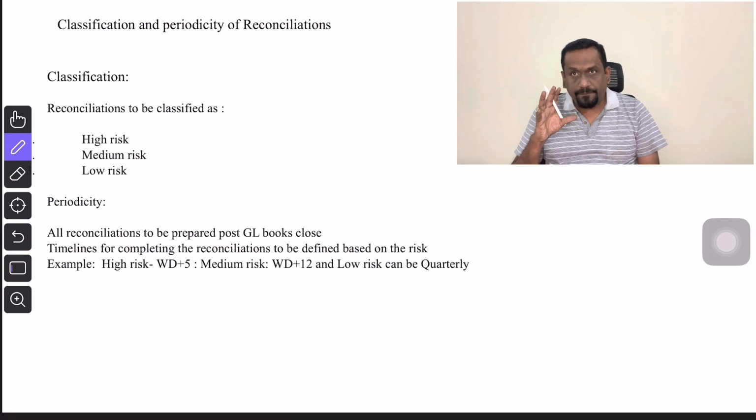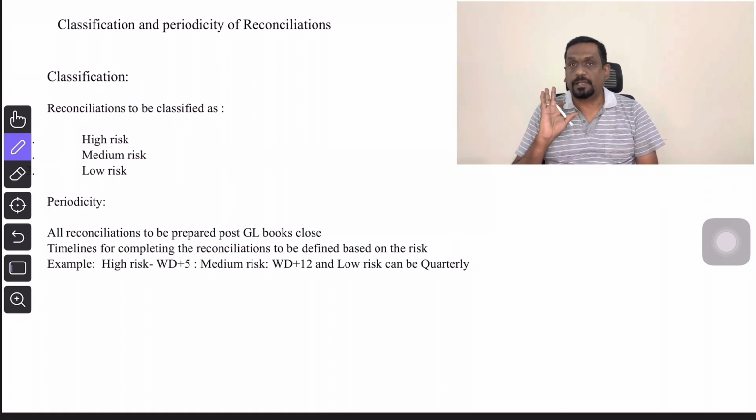The definition of high, medium and low risk mainly depends on the dollar value and the number of transactions being posted into that respective GL account. For example, cash and bank. A huge number of transactions will be posted in cash and bank. Do you agree? And the value of the transactions is also high, right?